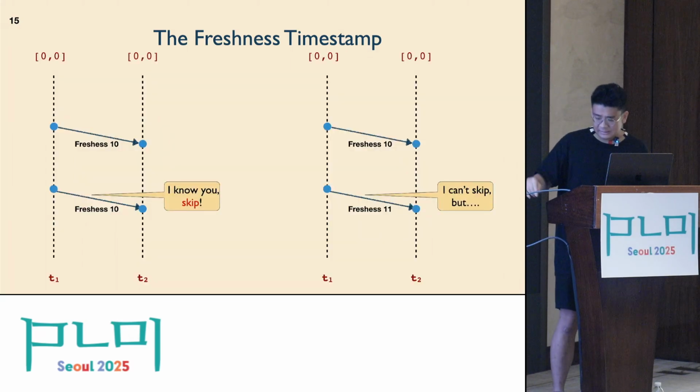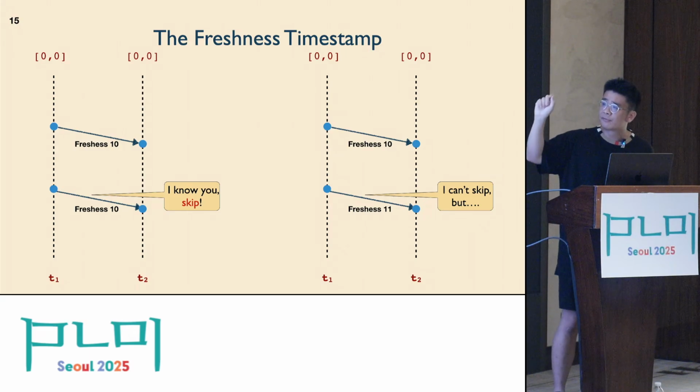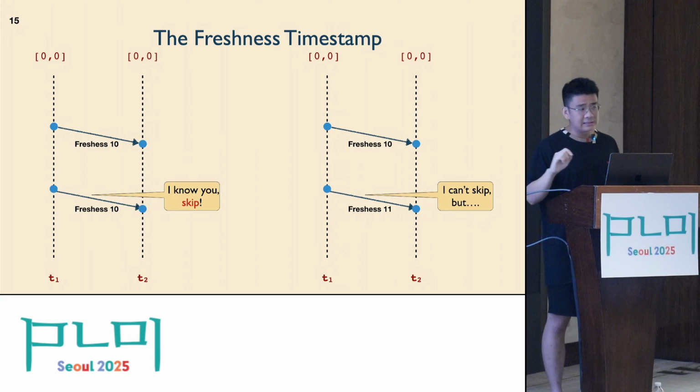So a coarse example will be, you see for the execution on the left, if thread T2 receives the information from T1 that has been updated 10 times in the first communication, then it can ignore the second communication because it delivers the same message. However, on the execution on the right, if the second communication delivers a message that has been updated 11 times, then I cannot skip it.